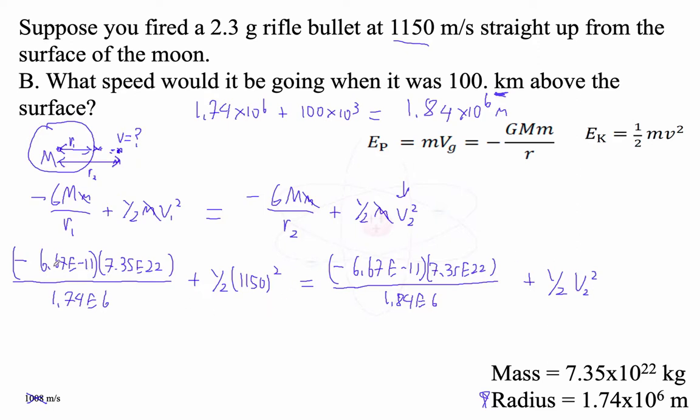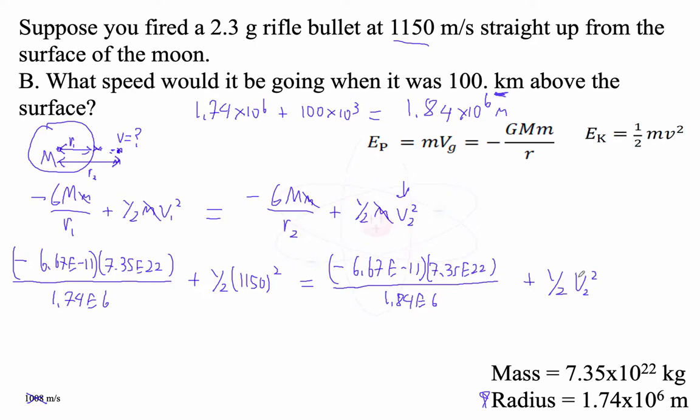Okay, so what I'm going to do is I'm going to go this whole thing minus this term here, and I'll have 1/2 V2 squared. Here we go. Opposite of 6.67 E minus 11 times 7.35 E22 divided by 1.74 E6 plus 0.5 times 1150 squared. Just got an answer.